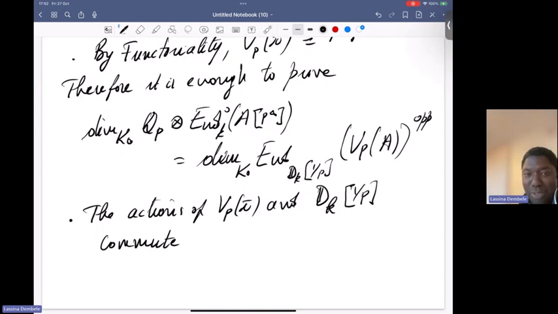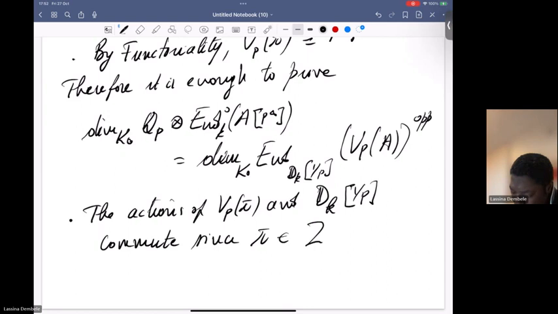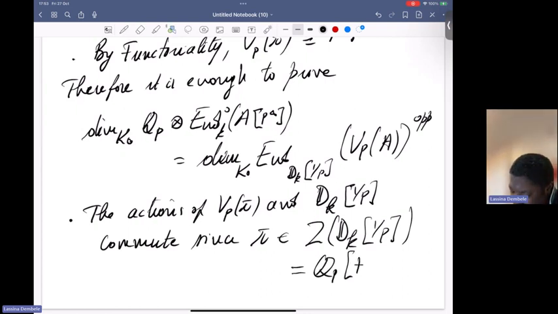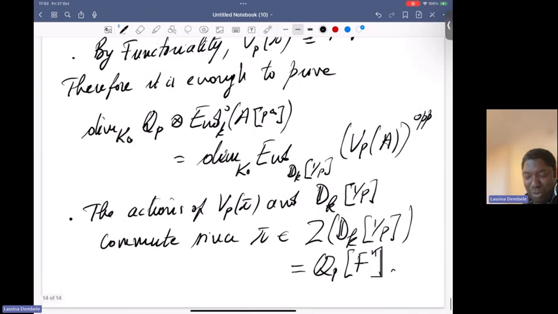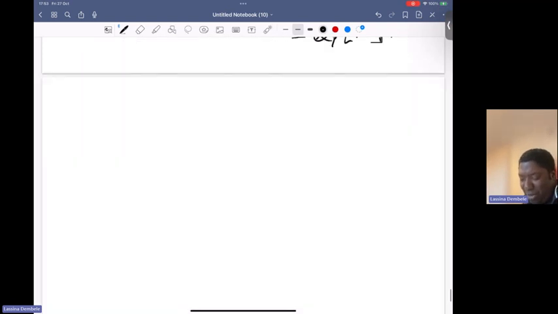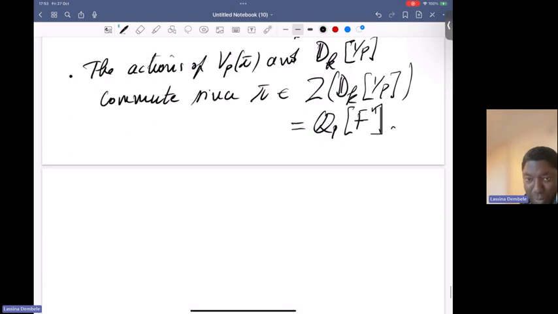And they commute for the simple reason that pi is in the center, which has been said quite a few times, generated by F to the n. Right, so these two actions commute, and so we will make use of this. So that's the first observation that we make.